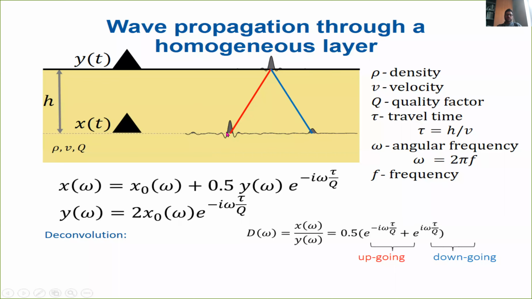So if I calculate the ratio, so my interferometry or my deconvolution between the sensor in depth and the sensor at the surface, I can distinguish two waves propagating, in the upgoing and in the downgoing sense.